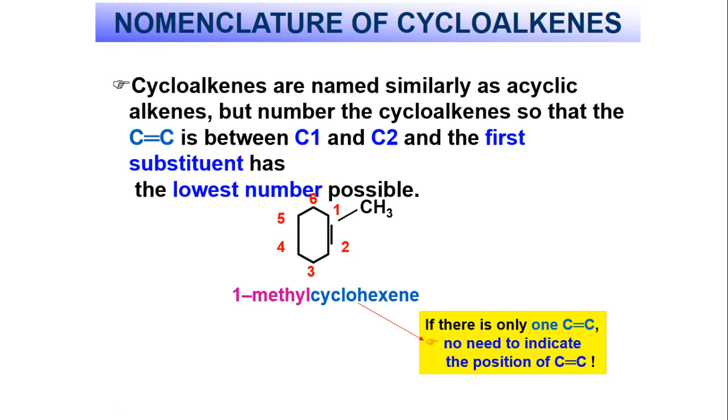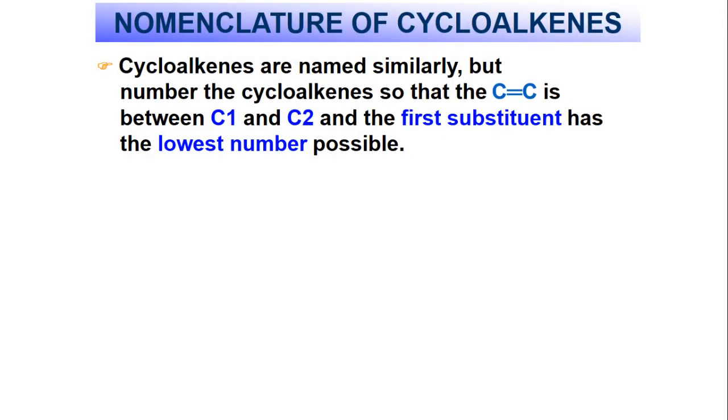You can only indicate the position of the double bond if you discover that there is more than one double bond in that molecule. Okay, let's quickly move on and look at the same cycloalkenes. Remember, this point is just the same thing that I've already explained.